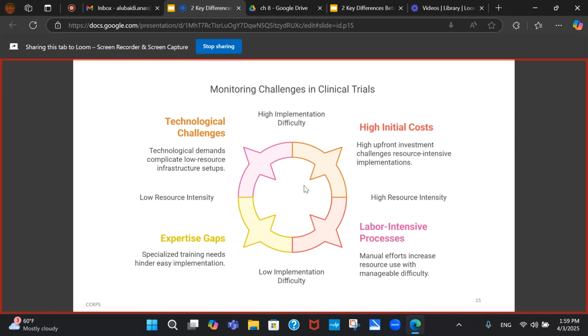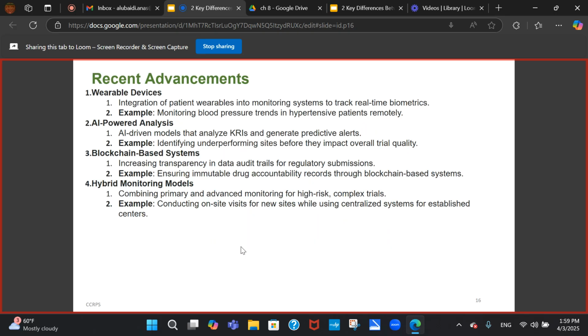Recent advancements. So what are the most recent advancements that have been done? In order, we have the wearable devices, integration of patient wearables into monitoring systems to track real-time biometrics.